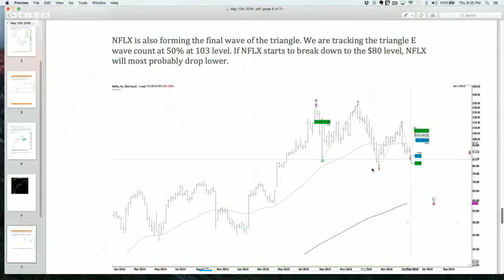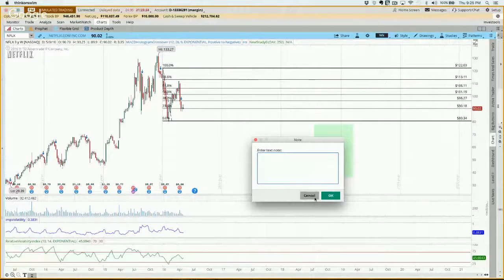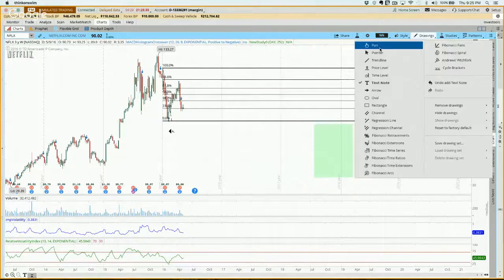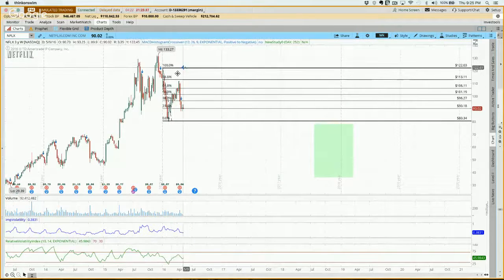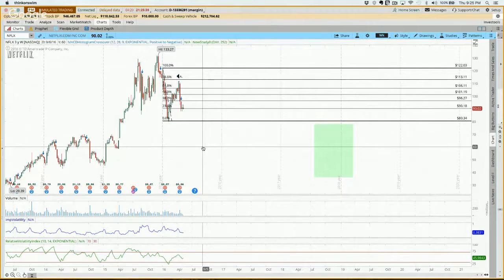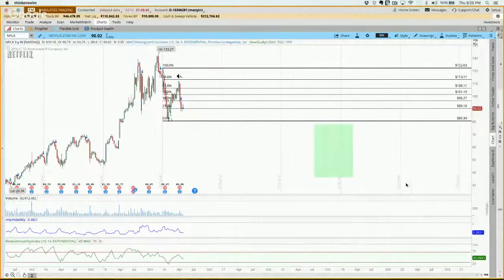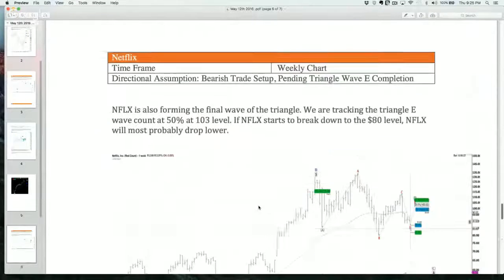Okay, so Netflix could be dropping lower because if you look at NASDAQ, it's been very weak. If you look at most of the tech stocks, it's been very weak, and a lot of investors are waiting for those technology stocks to act weaker before the hedge funds short them. So it's not looking good. Most of the tech stocks are overpriced.